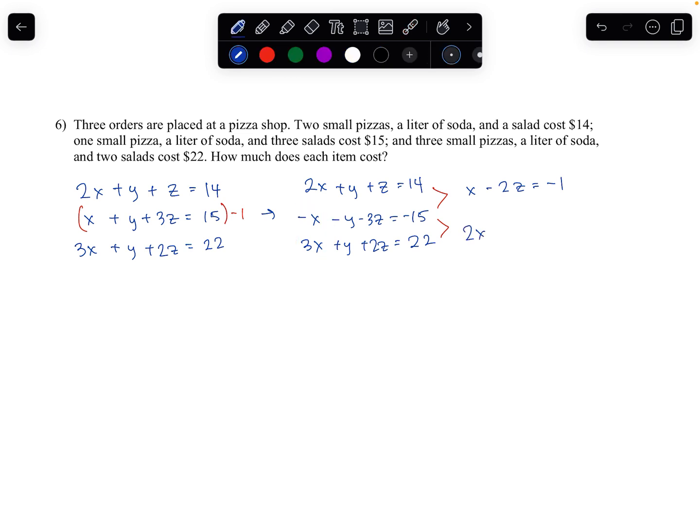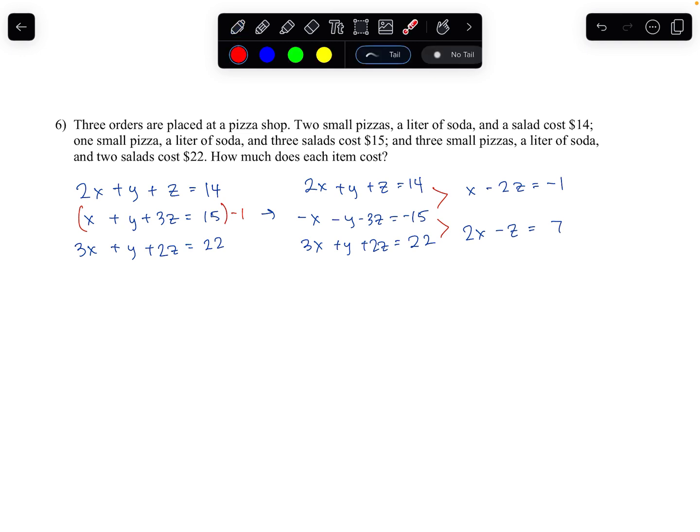And then the y's are going to cancel, and that's going to become 5z, and that's going to be equal to 7. Oops, almost made a mistake there. Hold on. When I add these together, that becomes negative z, and that's going to be equal to 7.